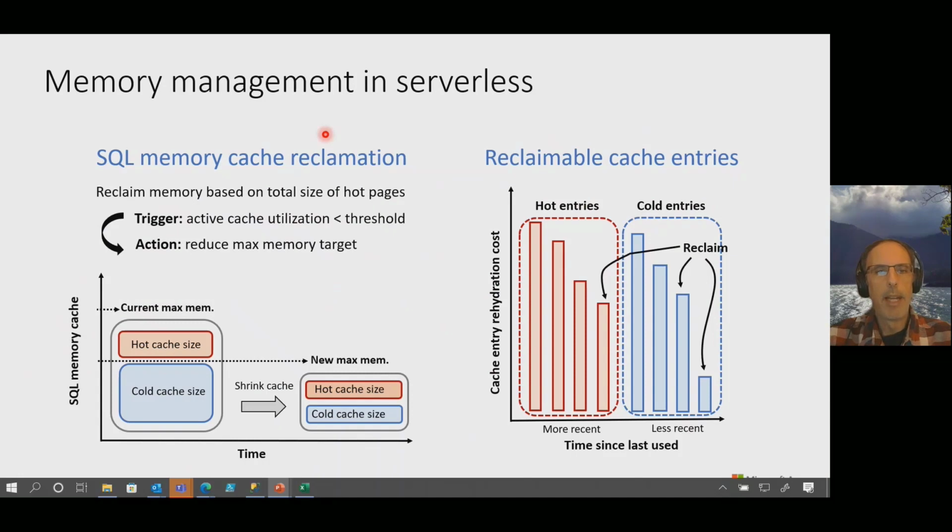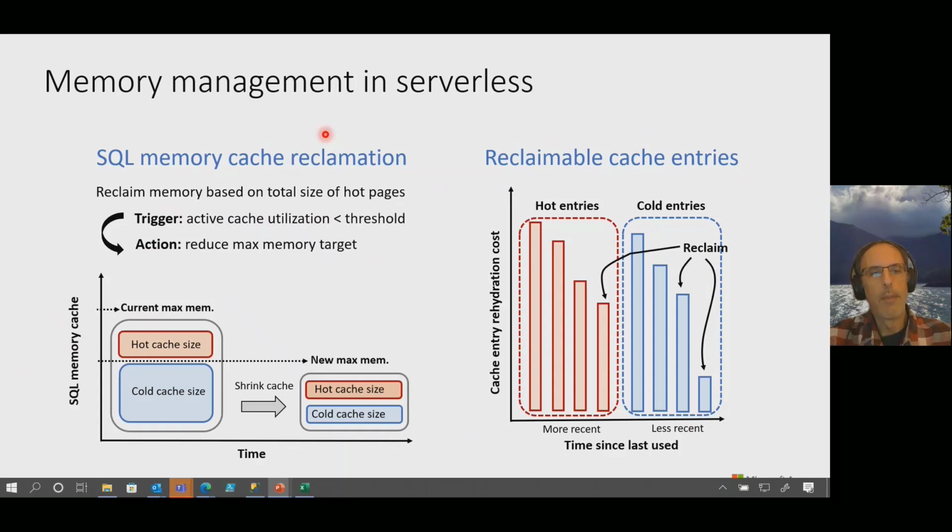So how does memory cache reclamation actually work in serverless? Each cache entry has a timestamp and is identified as hot or cold based on when that cache entry was last accessed. And every several minutes, we'll assess the total number of hot cache entries along with their size, compute that total hot cache size, and look at that in relation to the total size of the cache, including the cold cache.